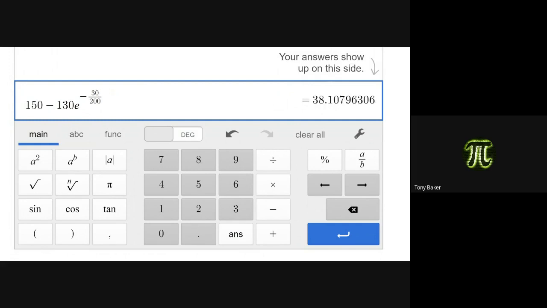So my limit for this is 150. Given enough time, my maximum amount of salt would equal the concentration of the water coming into the tank, that's the 0.03 kilograms of salt per liter.